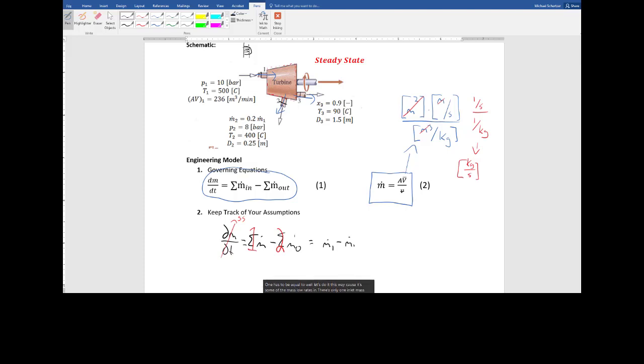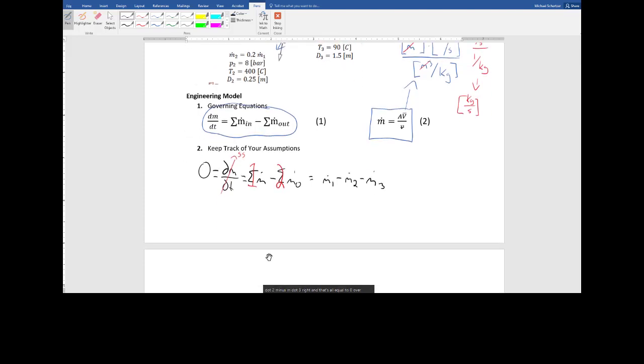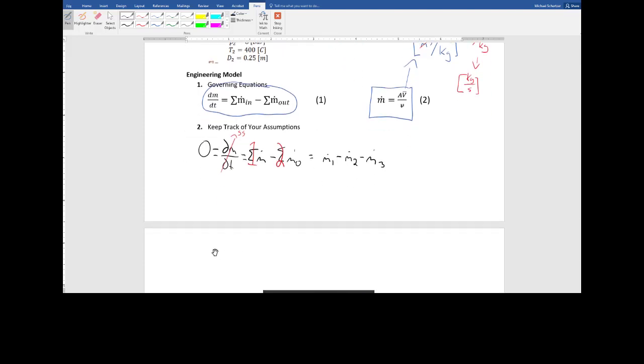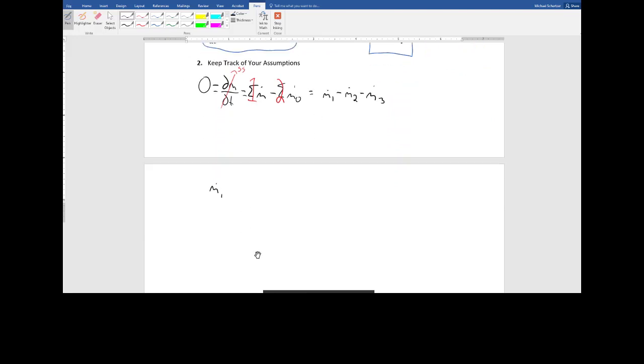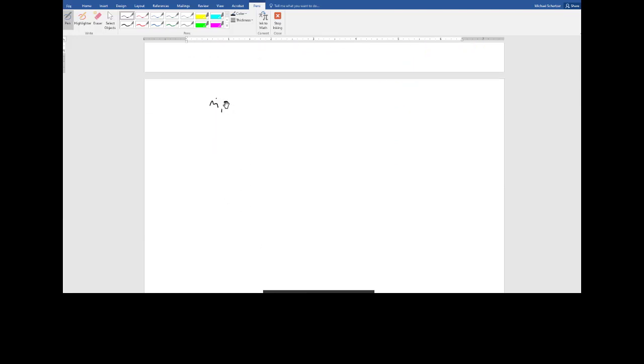That's m dot 2 minus m dot 3. Right? And that's all equal to 0 over here. Or I could rewrite this equation to say that m dot 1 is equal to m dot 2 plus m dot 3. And this is nice. This is a great equation.